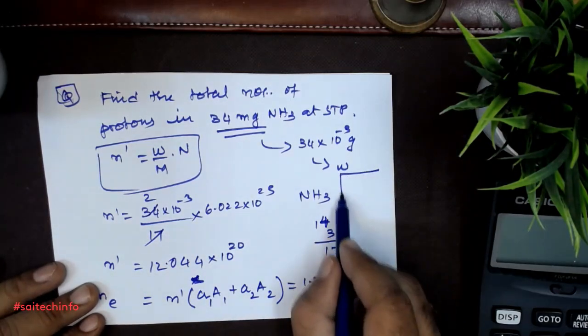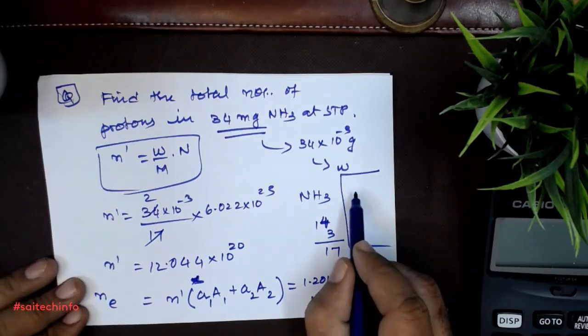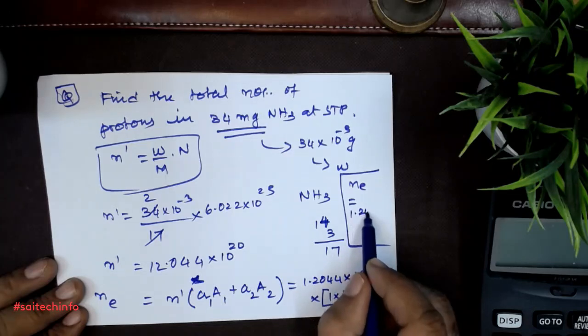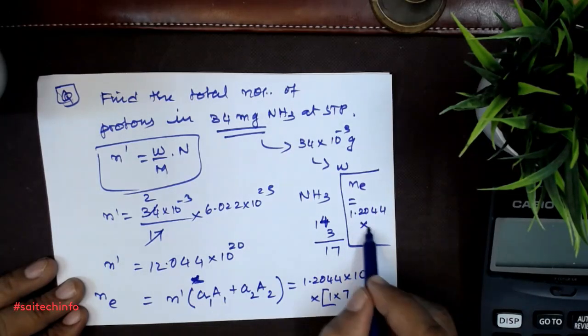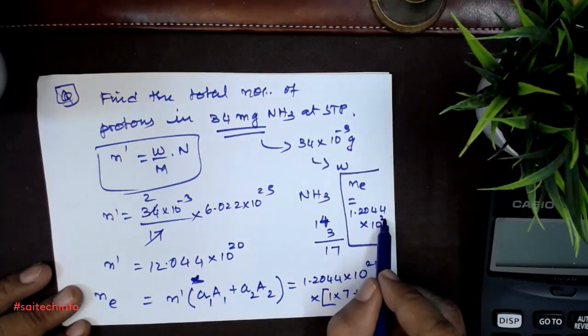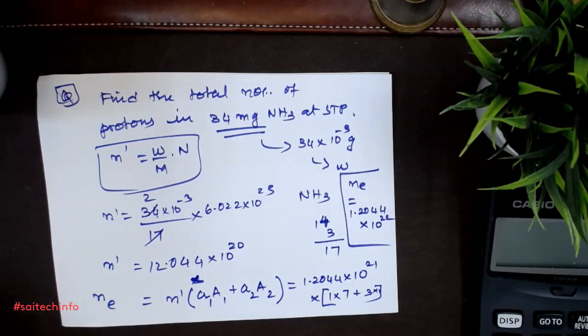So what is the answer? Number of electrons present is equal to 1.2044 into 10 power 22. Got it?